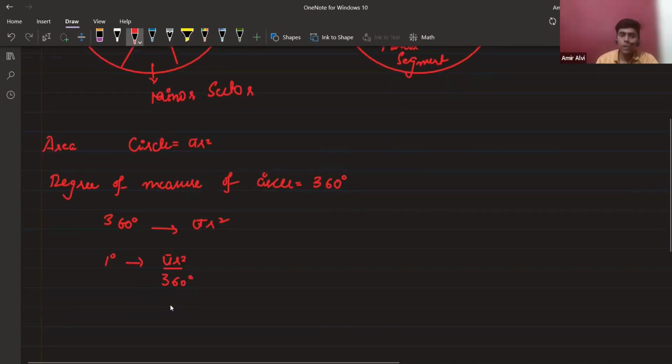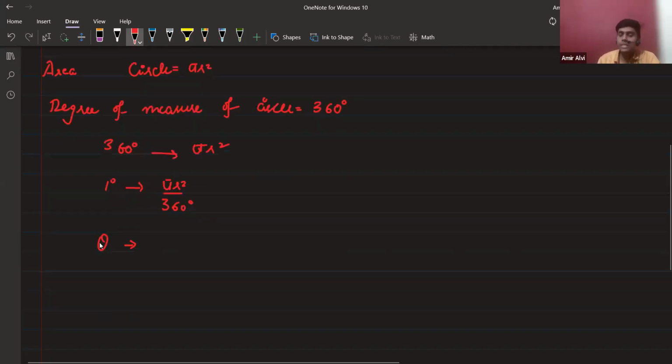Now if I want the area of the theta angle, the theta part, I have the value of one degree. So what will I do, divide or multiply? Karishma said divide. What about the others?